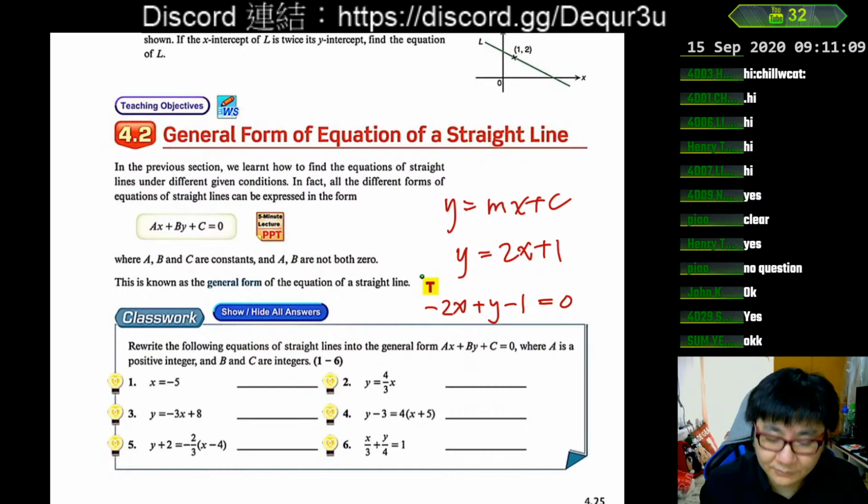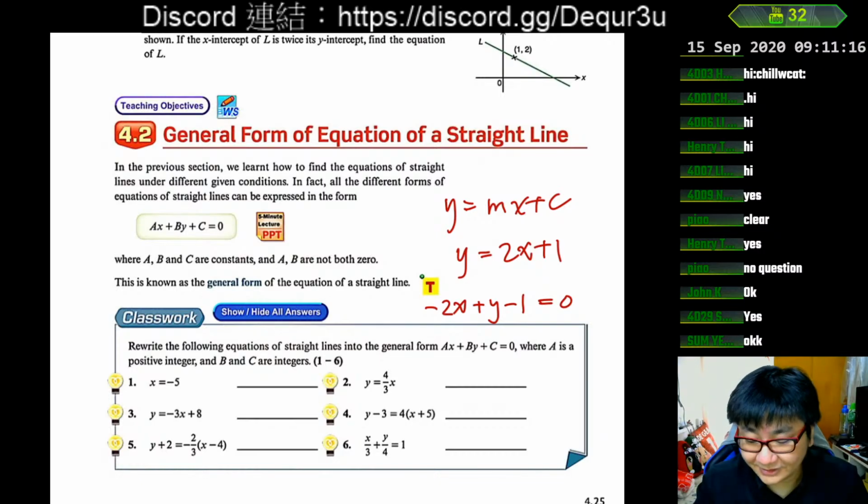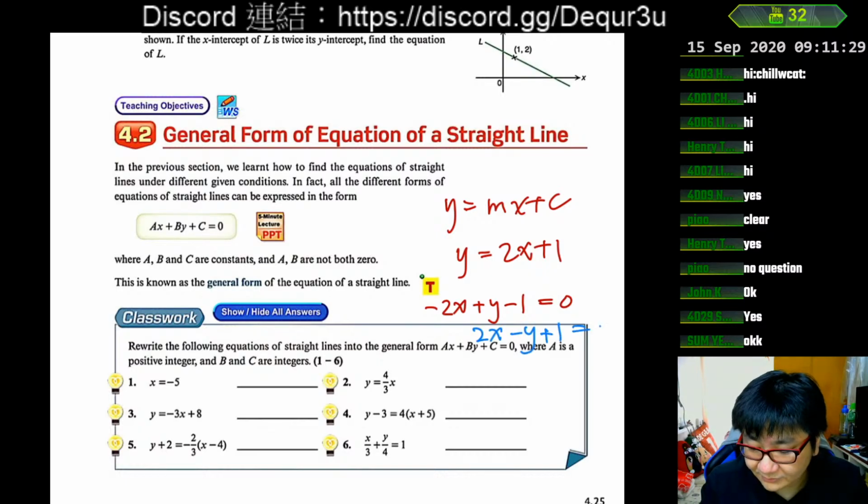It's just to move all terms to one side, and the other side 0. Of course, you can also do it the other way. You can move the y to the right-hand side, and maybe I put it in blue. It is also okay to put y on the other side, then you have 2x minus y plus 1 equal to 0. You can also notice how they are different.